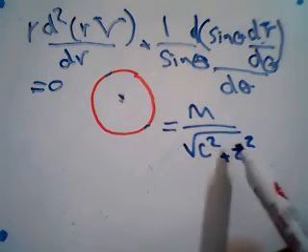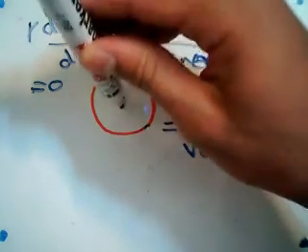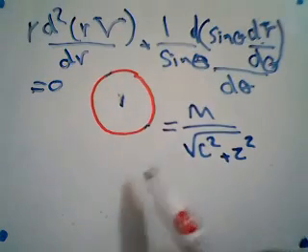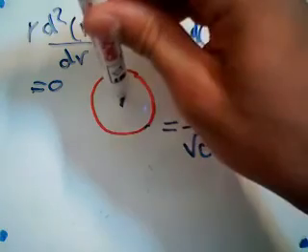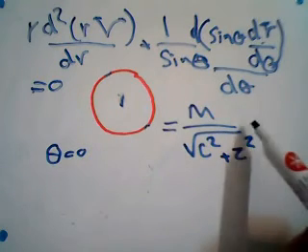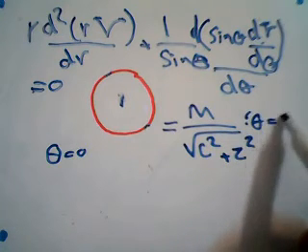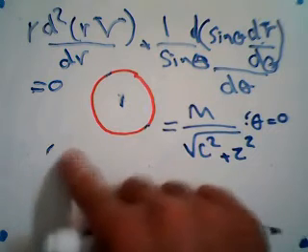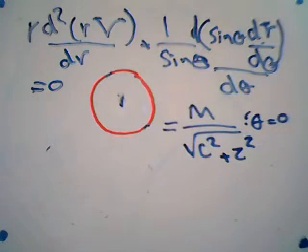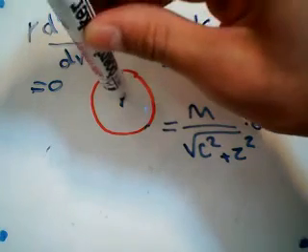This is for the points on this axis, where theta equals 0. I talked about polar coordinates in 3 dimensions, or spherical coordinates, in which theta is an angle.